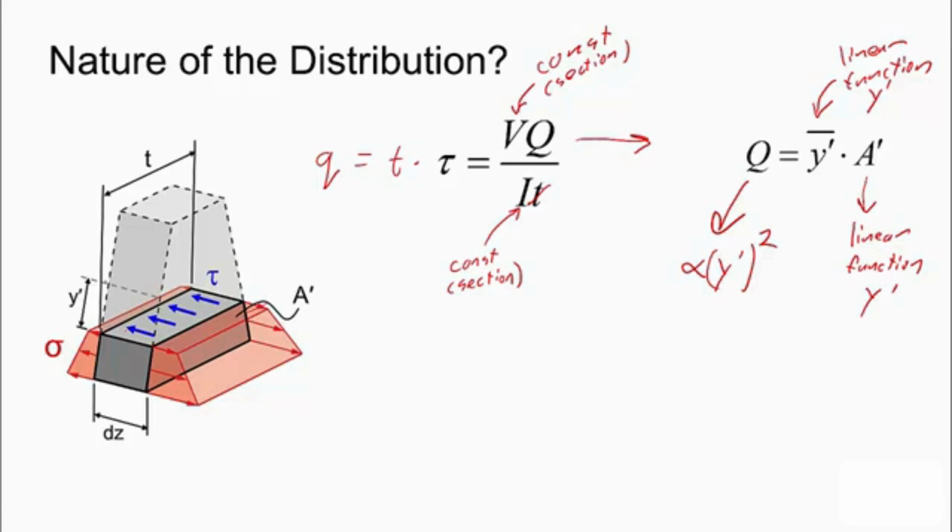Whereas if y prime brought you all the way up to the top and we included the entire cross-section, well, we know the normal stress distribution over the entire cross-section has 0 resultant. So you would have 0 force or 0 shear stress acting at that top surface.